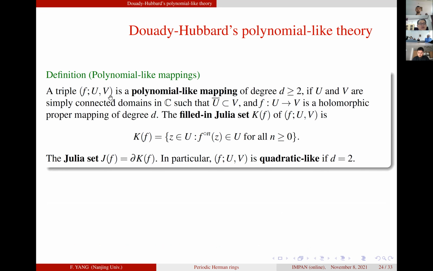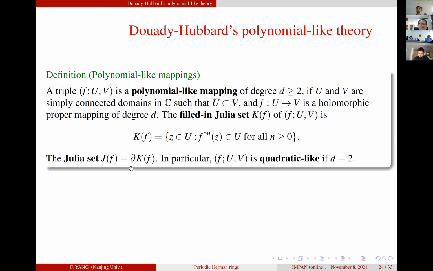F: U to V is a polynomial-like mapping if U is compactly contained in V, and F is a holomorphic proper mapping of degree d, and the filled Julia set K_F is defined as the points whose iterates stay in U forever.